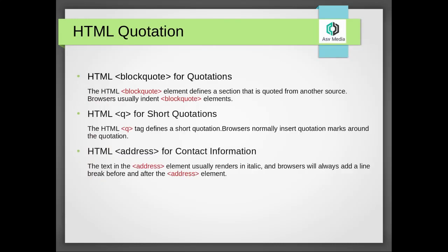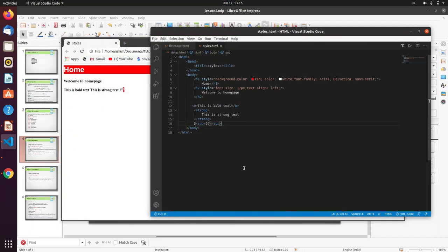Moving to the next part, HTML quotations. The HTML blockquote element defines a section that is quoted from another source. Browsers usually indent blockquote elements, whatever you type within the blockquote tag. Just take an example.